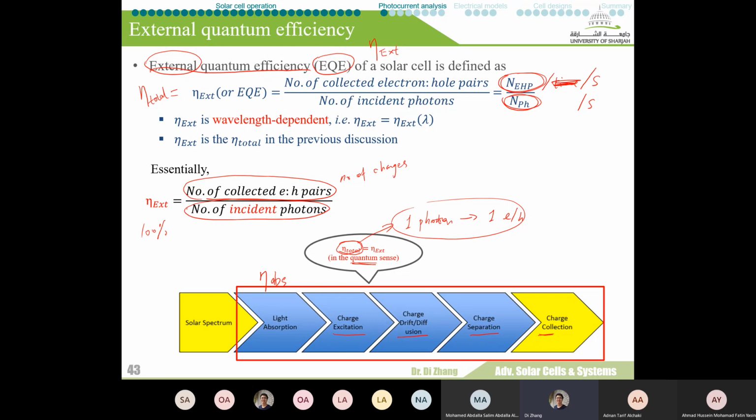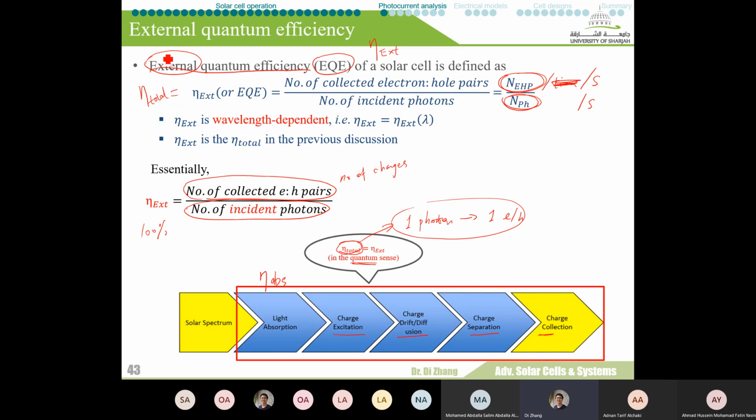You have the photon flux, you have the electron and hole pair flux, and essentially they're talking about the rate of flow for these particles. So that is our definition for the quantum efficiency here.